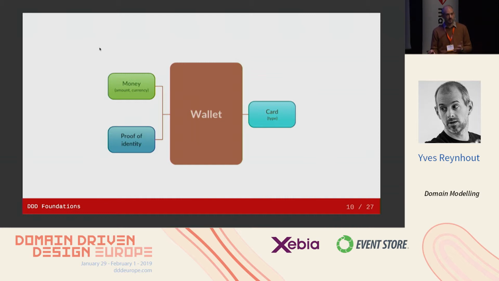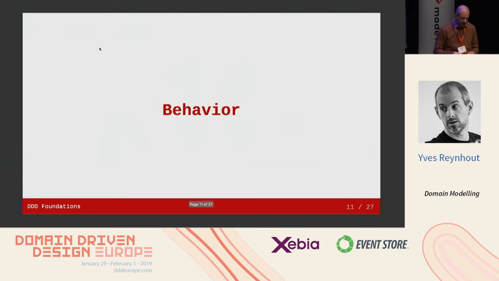And that's also where I, for a long time, stopped. But then I started to wonder, well, there must be more, right? And when I discovered domain-driven design, I found out that it focuses a lot more on behavior as well.